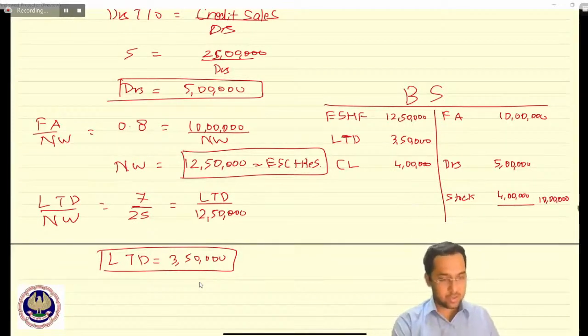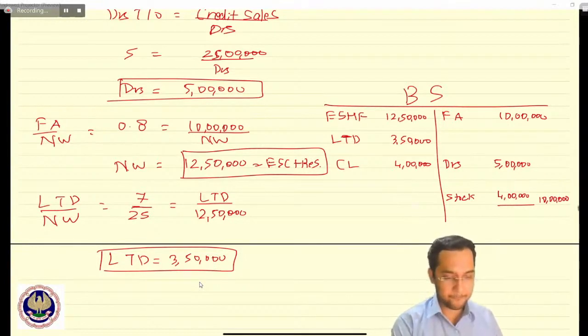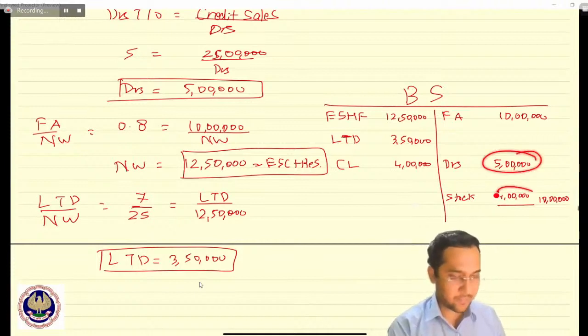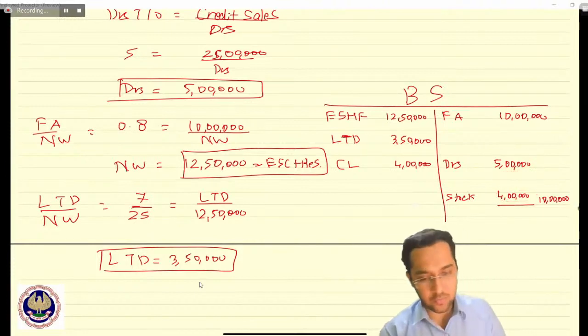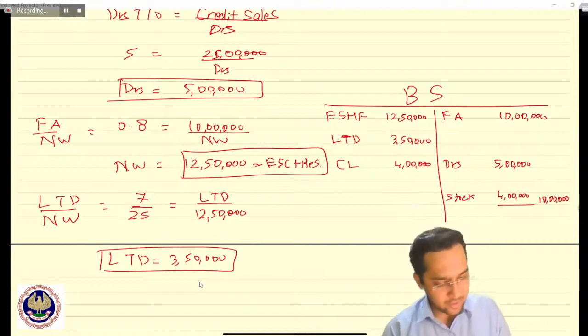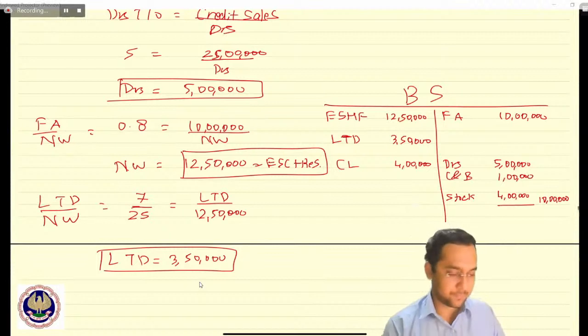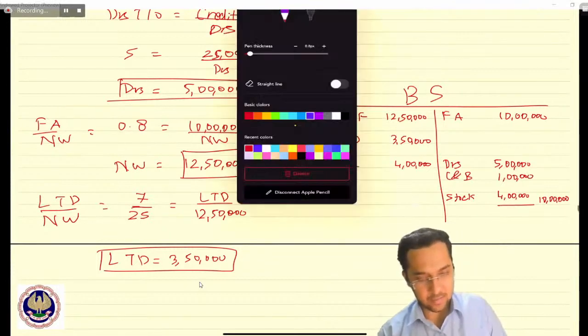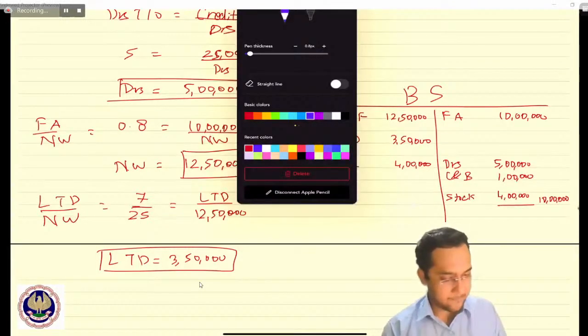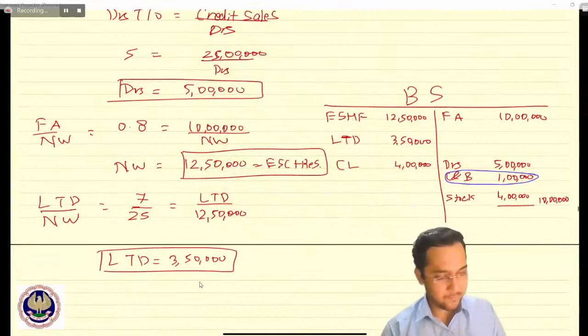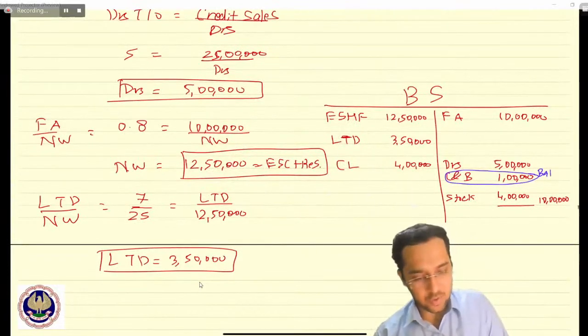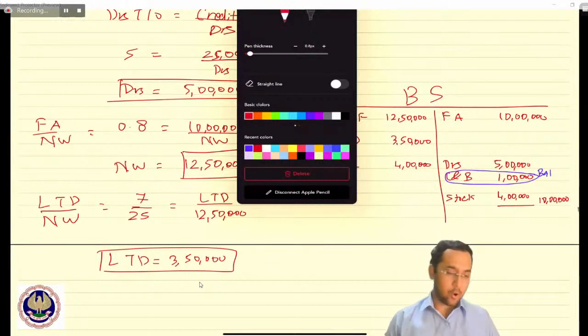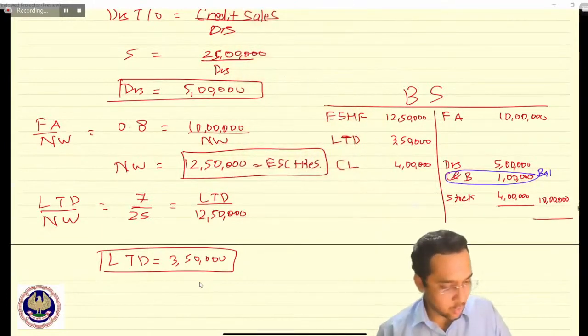But is this really balancing out? It is 5 lakh, 4 lakh, so 1 lakh is the difference. So what will be that 1 lakh? Definitely you can say cash and bank is going to be the balancing figure. Once you have put up all the values, check for the total.